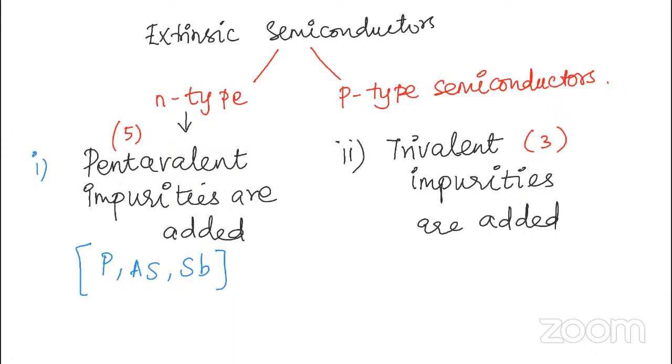Okay, so where in our atom's structure should these atoms be added, either in the valence shell or inside? Depending on where we add, we can make an n type or p type material. So are these atoms added to the valence electrons or the conduction electrons?